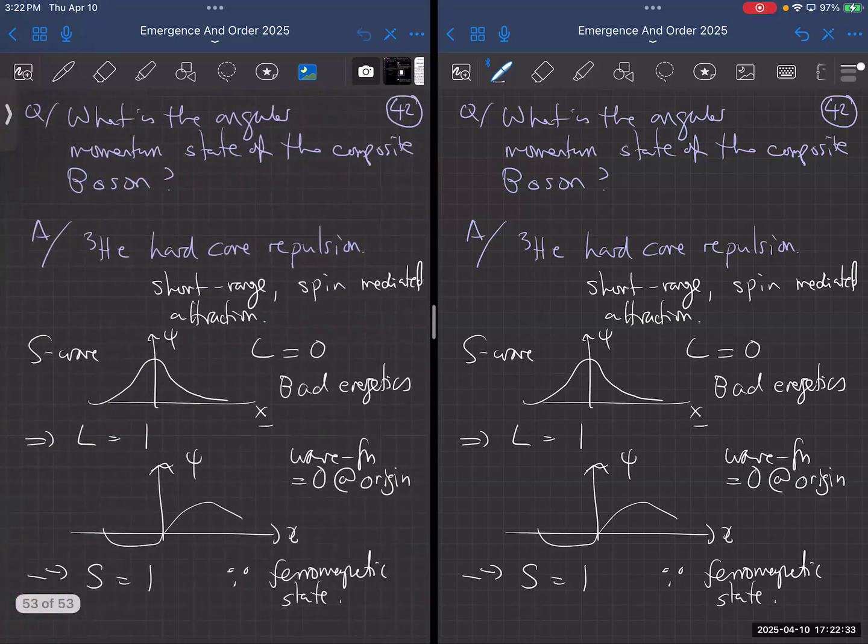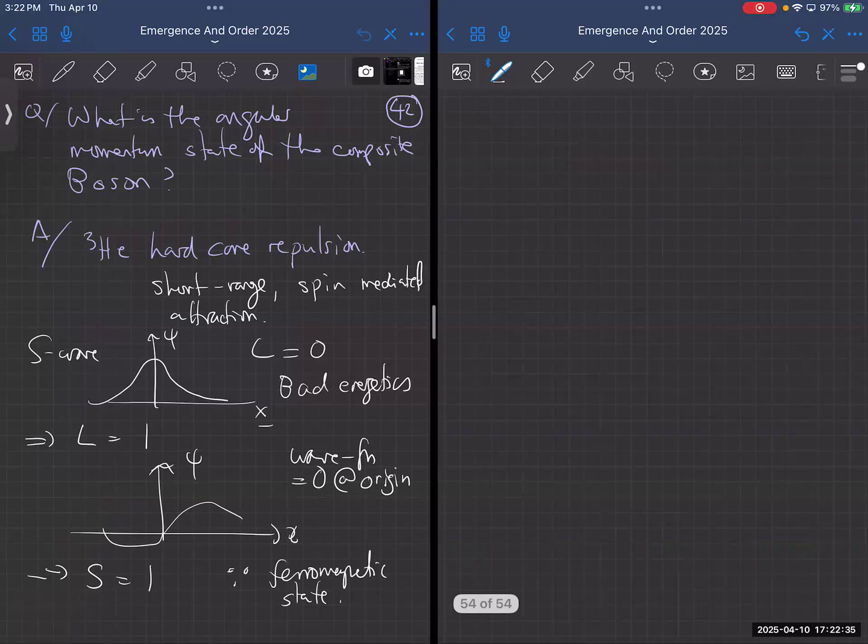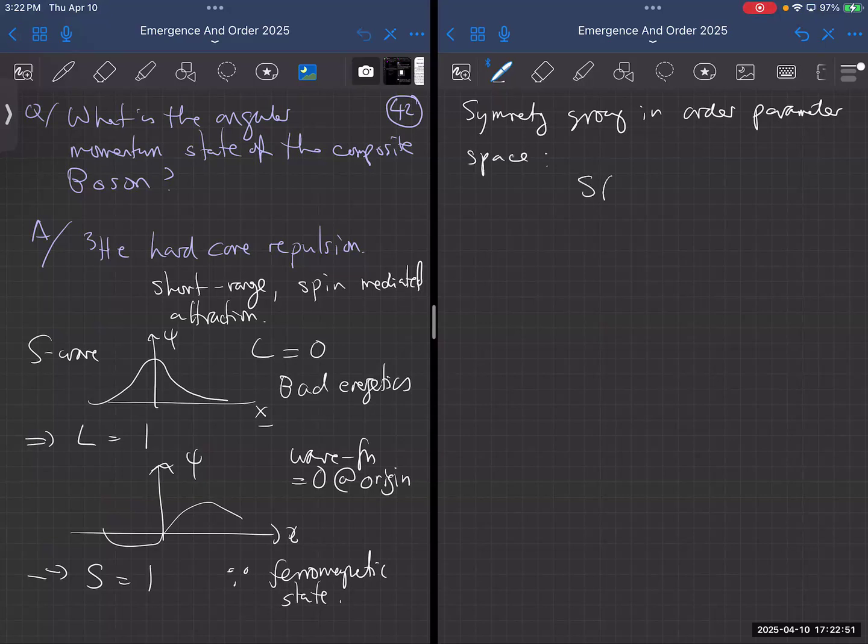So what that means is that when I look at the symmetry group in spin space, symmetry group in order parameter space, I have SO(3) for the orbital angular momentum, and I have SO(3) for the spin angular momentum, and then I have my U(1) for the wave function.